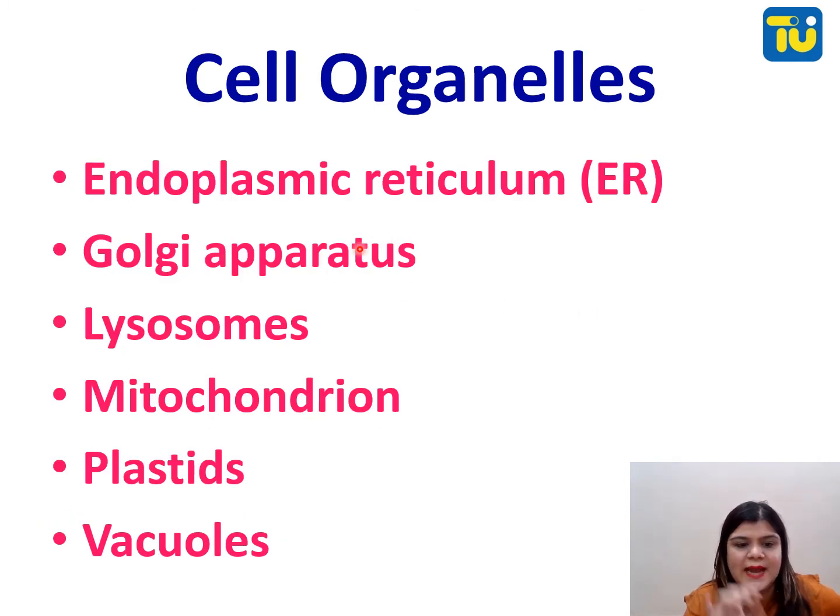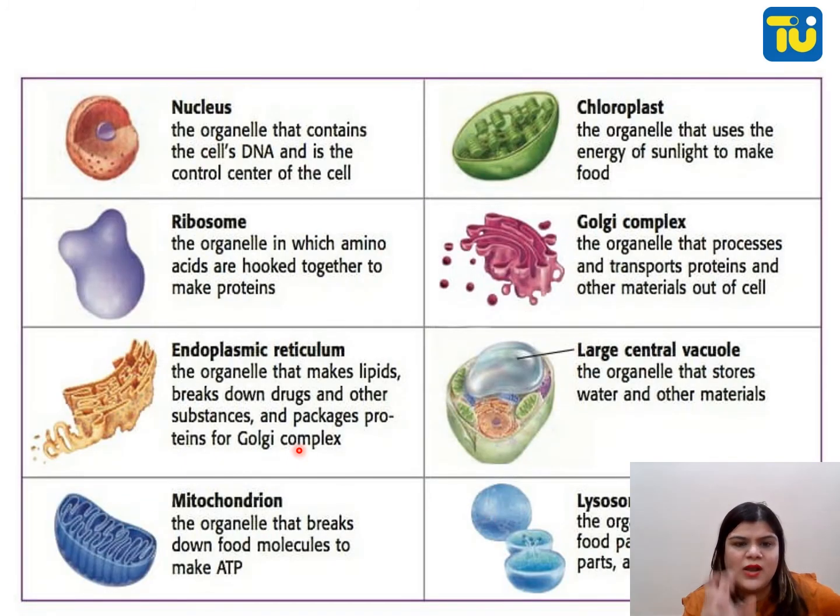Cell organelles: endoplasmic reticulum, Golgi apparatus, lysosomes, mitochondria, plastids and vacuoles. These are all the cell organelles we were talking about. The nucleus is the organelle that contains the cell's DNA and is the control center of the cell. Ribosome is the organelle in which amino acids are hooked together to make protein, so ribosomes are responsible for protein synthesis.